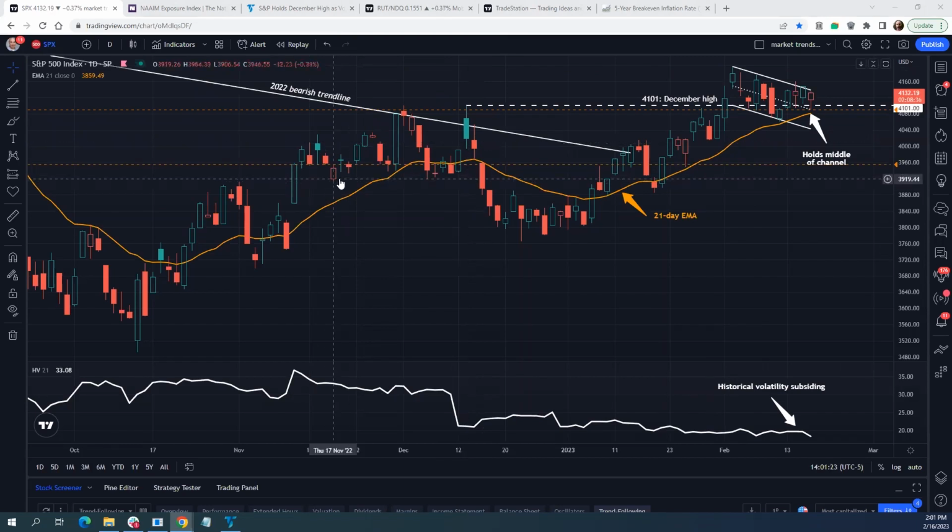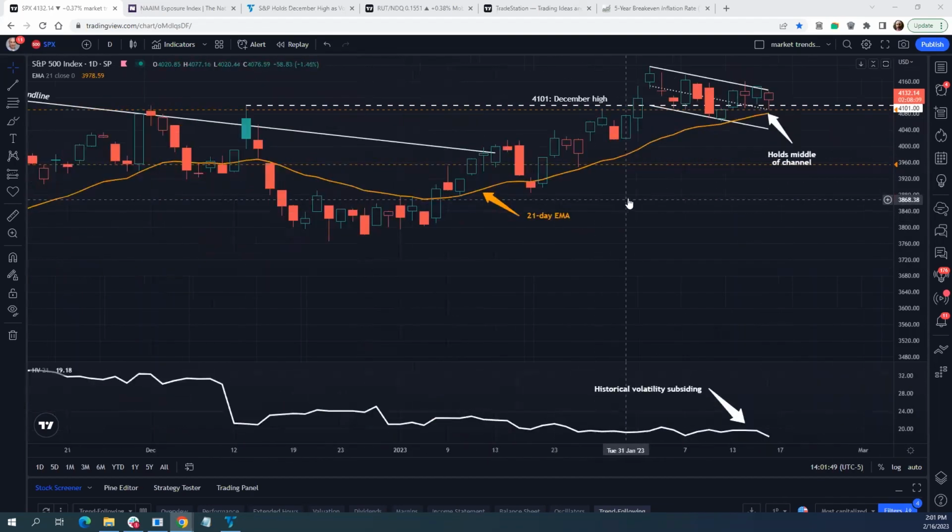I remember Mike Wilson saying we're going to go to 4,100 and never any higher than that. And now we've spent, what, not a month, 2 weeks above it. We're holding above it. We've tried to break under 4,100 and it hasn't lasted. And we tried again today, and it hasn't lasted.